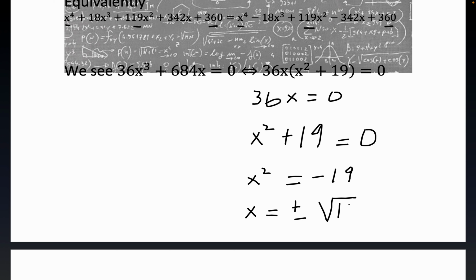And let's not forget how we define i. i is the imaginary unit. It's defined to be the square root of negative 1. Again, you can say i squared is equal to negative 1, or you can say i is equal to the square root of negative 1. Okay? So that explains the presence of the i.